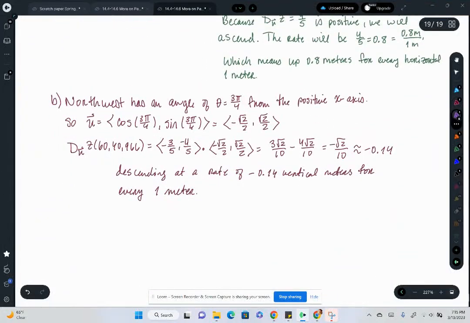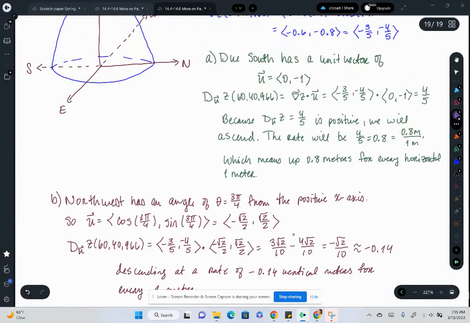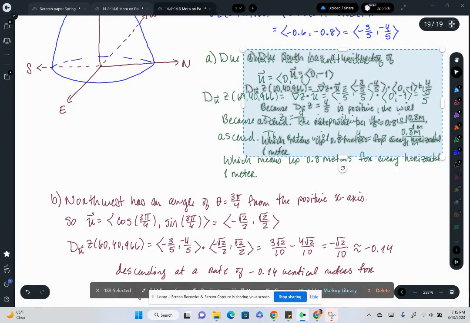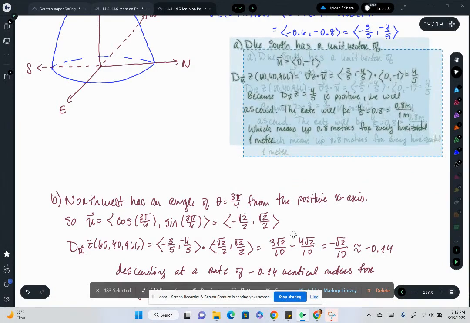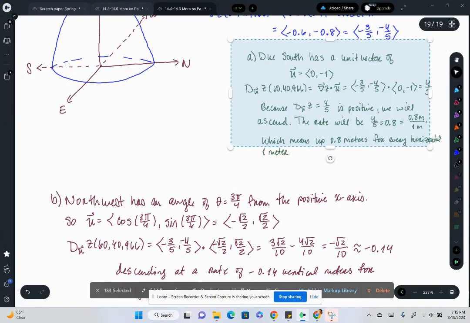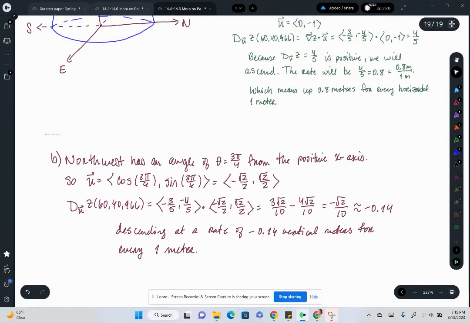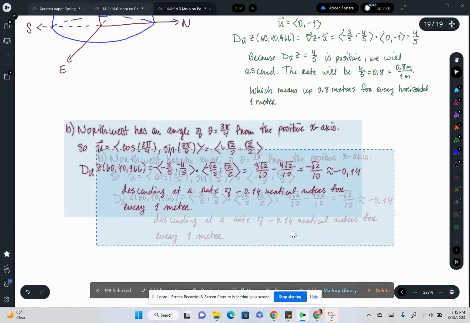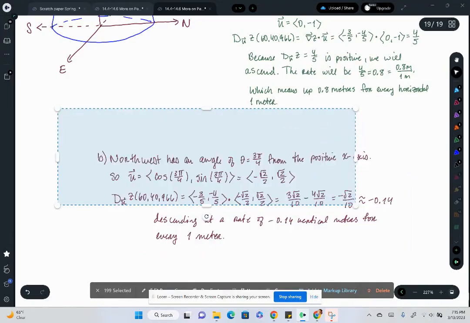Part C. I just need a little bit of room here. So I'm going to cheat and give myself a little bit of room by making things a little bit smaller. Okay.